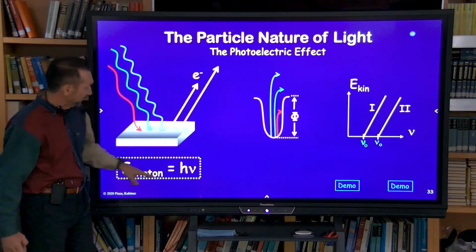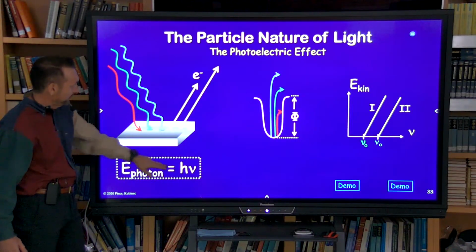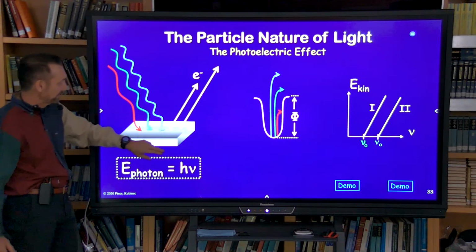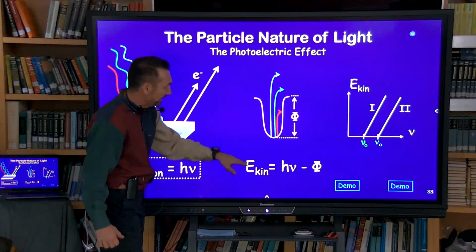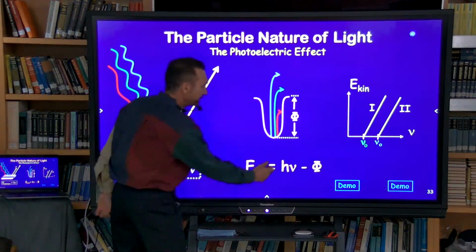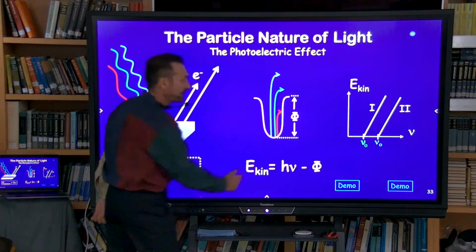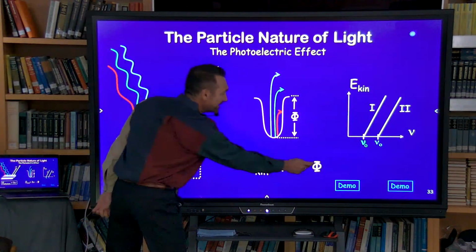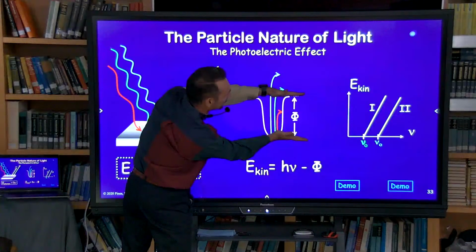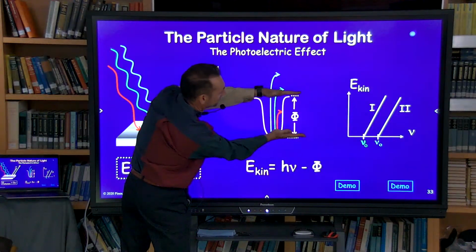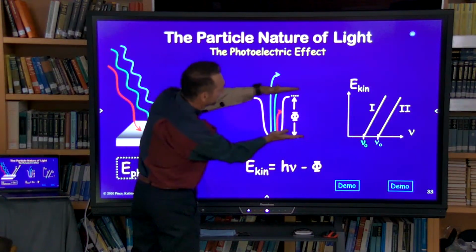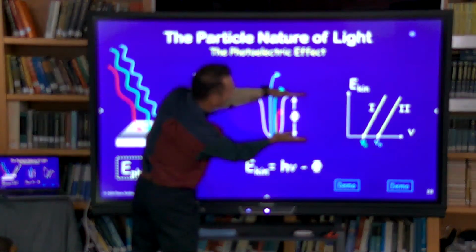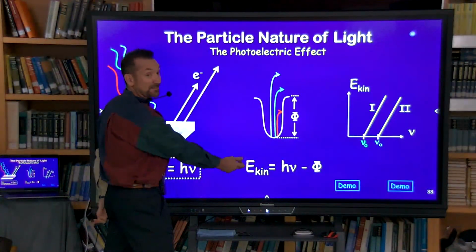So basically, we know the energy of the photons equals h nu, Planck's constant, named after Planck. The kinetic energy the electron has is the energy of the photon minus this amount of energy that's holding on to it. So all the rest of the energy goes into kinetic energy. If you give it energies less than this, then it doesn't have any kinetic energy.